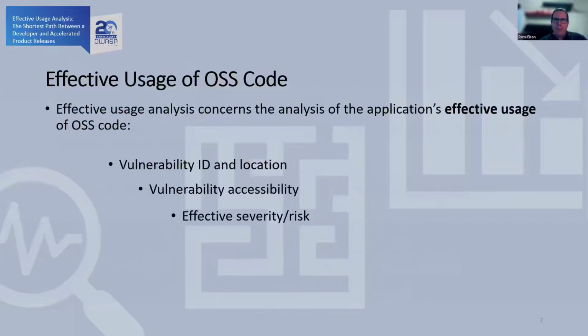And there are three parts to it: the vulnerability identification and its placement, the way one could reach or access the vulnerability, and how effective would be the severity or the risk associated with that particular reported vulnerability.